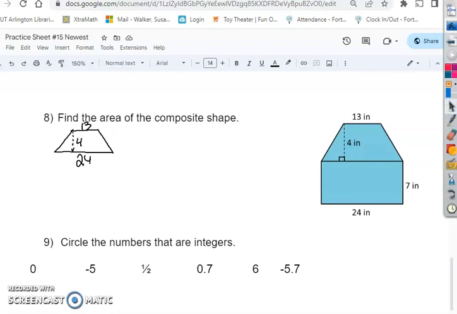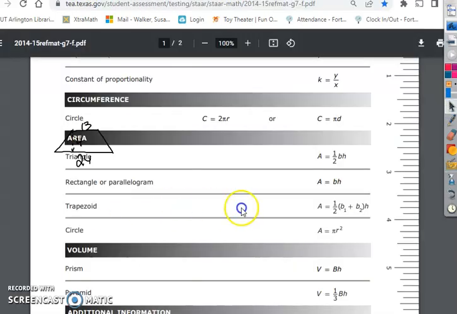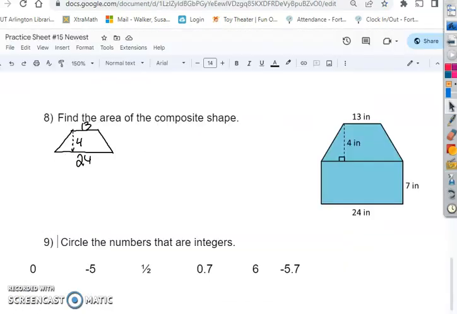So I'm going to go over here. Trapezoid: half, B1 plus B2, in parentheses, and then H. Okay. Half, we already know, right? Our bases are the ones that are parallel.